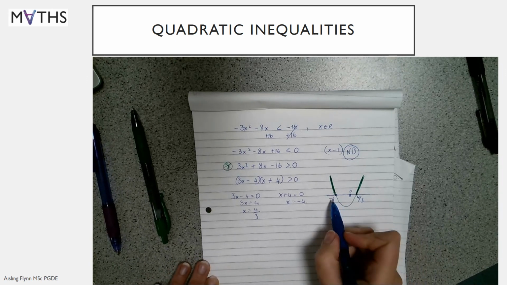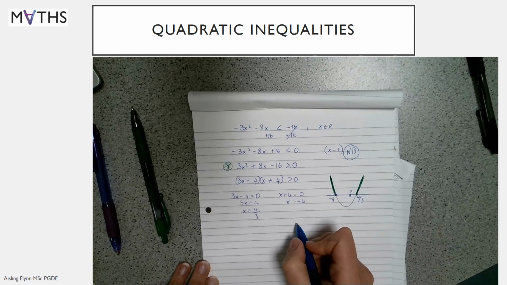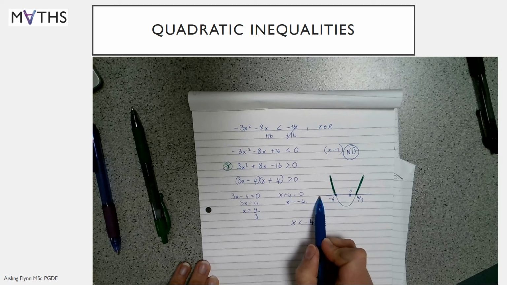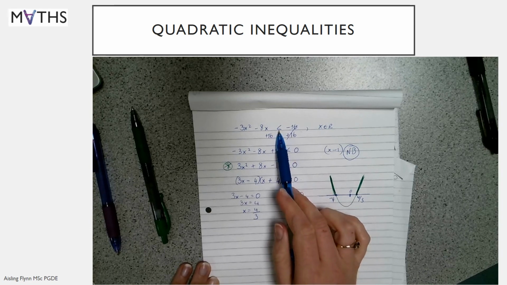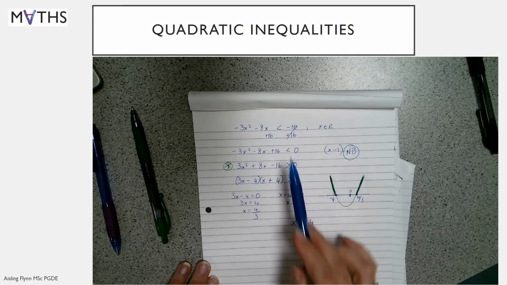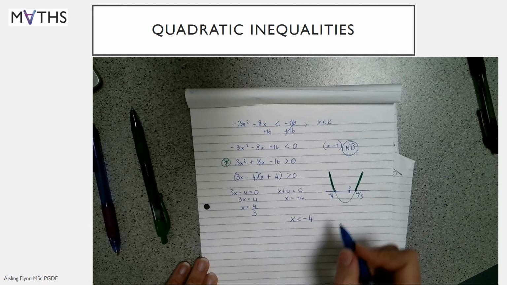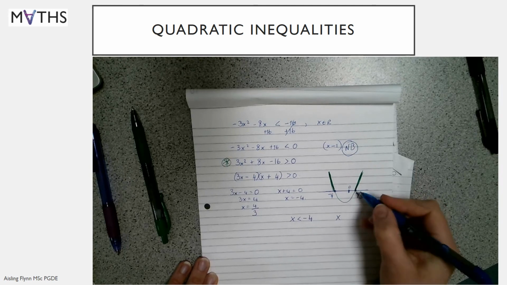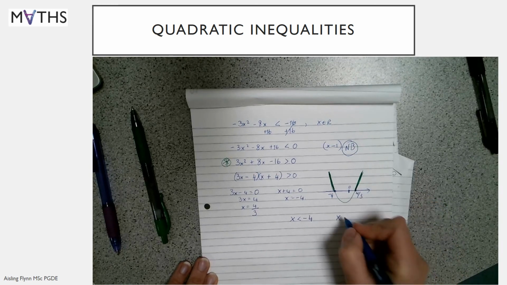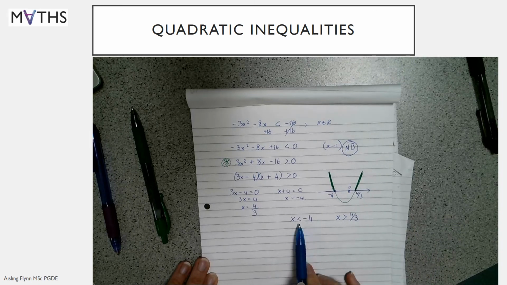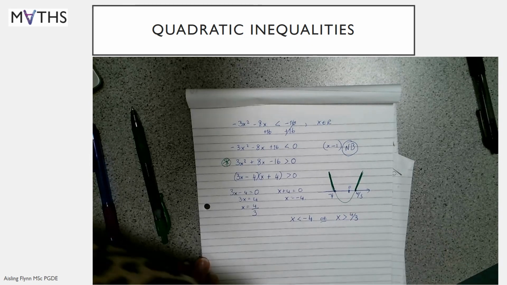The function is greater than 0 when x is less than minus 4, so to the left of minus 4. Notice there's no equal to bit in the question, so don't include one in the answer. And also when x is to the right of 4 over 3, or bigger than 4 over 3. Okay, so I give two answers there.